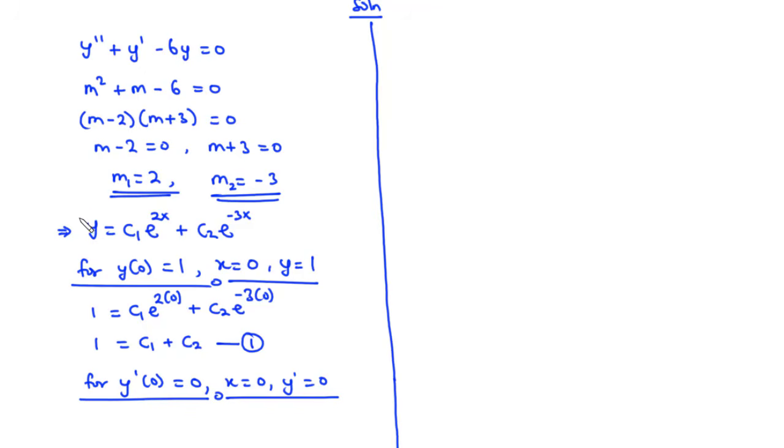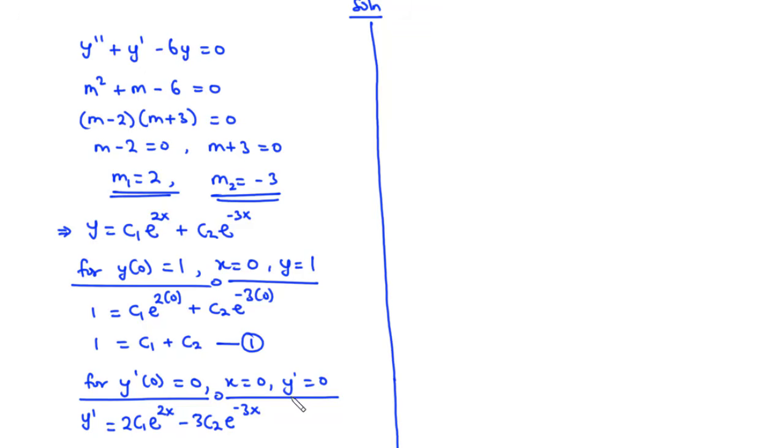So we are trying to find the first derivative of this general solution. Differentiating with respect to x, y' = 2c1 e^(2x) - 3c2 e^(-3x).